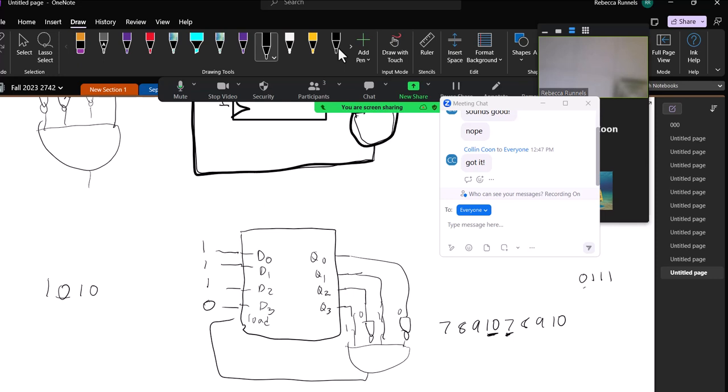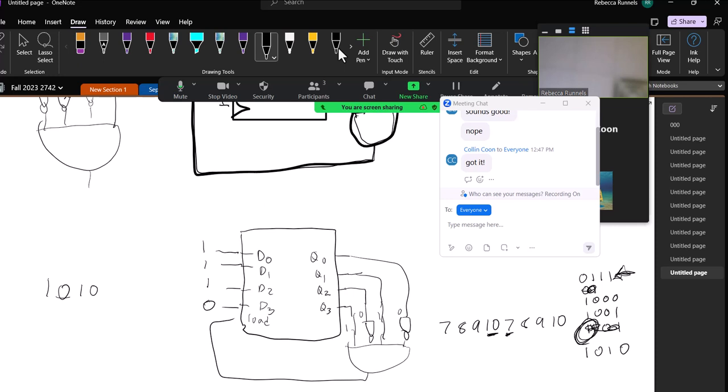So I'm starting at 7, and then the next number after 7 is 8, and then 9, and then 10. If I want to use the minimum I can to detect when I get to 10, I could just detect these 2 right here, because 10 is 1 0 1 0.